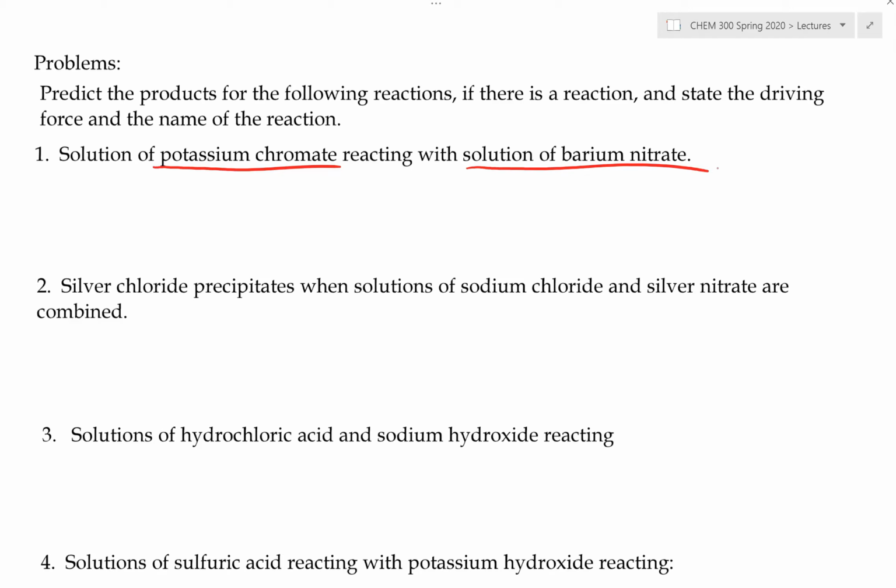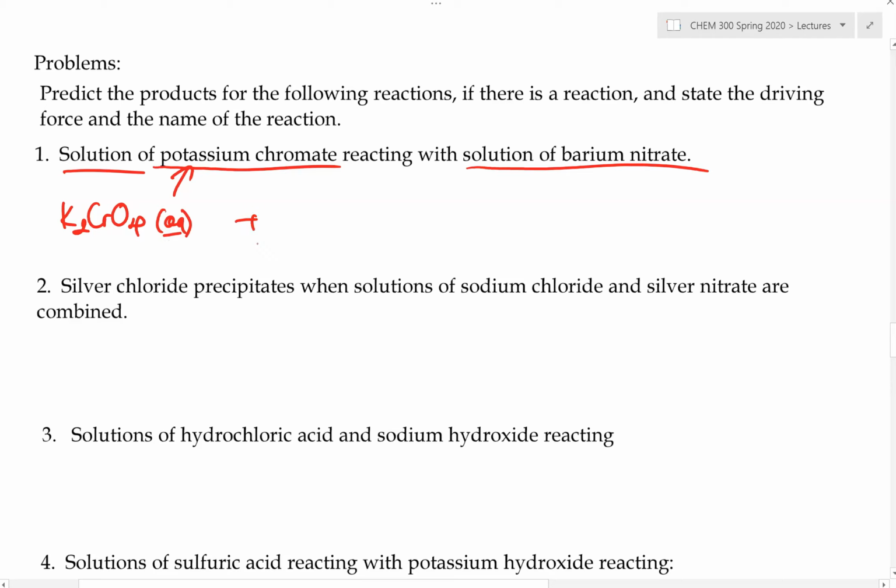So now let's try this. First, potassium chromate. Chromate is CrO4 with a charge of negative 2. So in this case, the chemical formula of potassium chromate is K2CrO4. And this is aqueous, because we are making an aqueous solution of this substance.